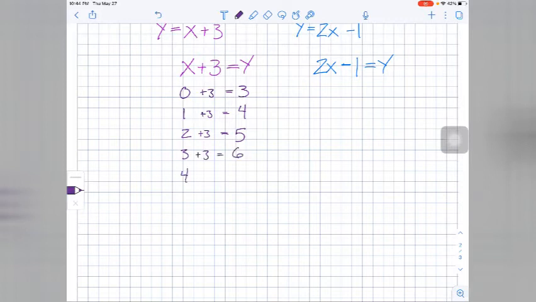If x is 4, 4 plus 3 equals 7. You guys can see the pattern here. I'm going to go all the way to 5. 5 plus 3 equals 8.